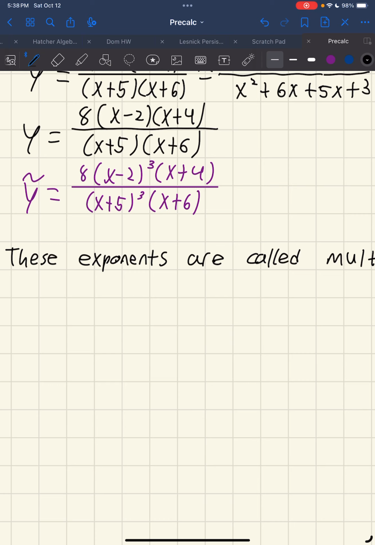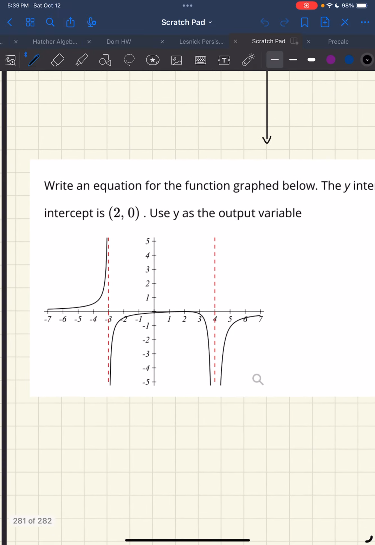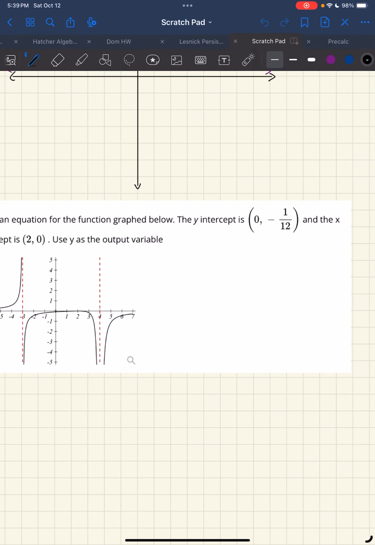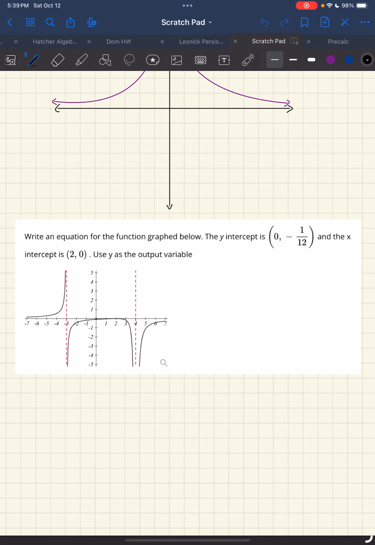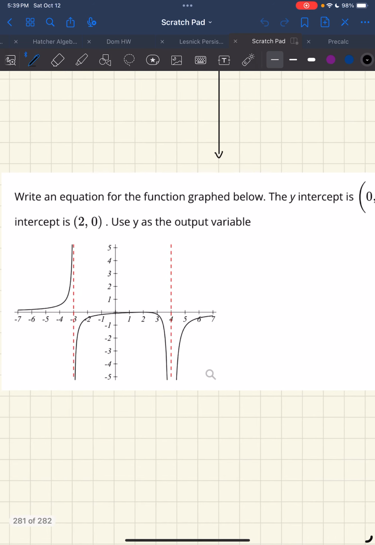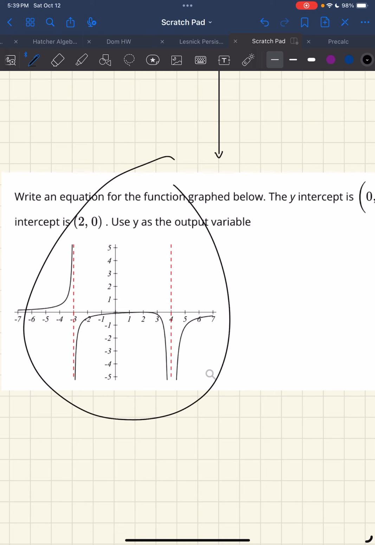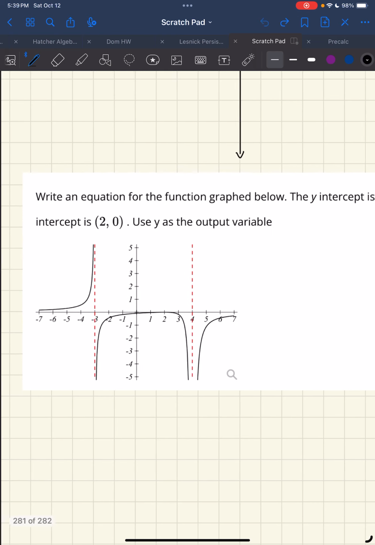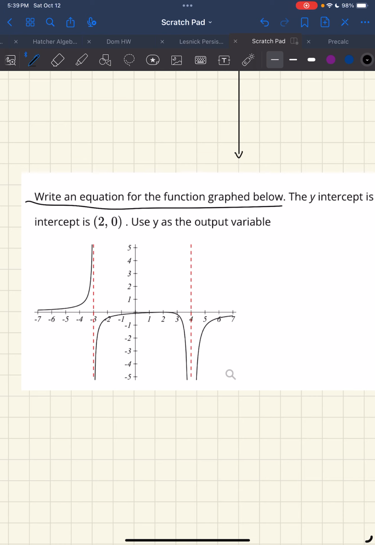However, there is a reason I need to bring it up, and that's the last homework problem on homework 8. I would like to go over that with you guys because I think this is a really, really hard problem, and that's what this guy looks like. If you do not mess around with the multiplicities, you will never get a function that looks like this. And the question literally says, write an equation for the function graphed below.